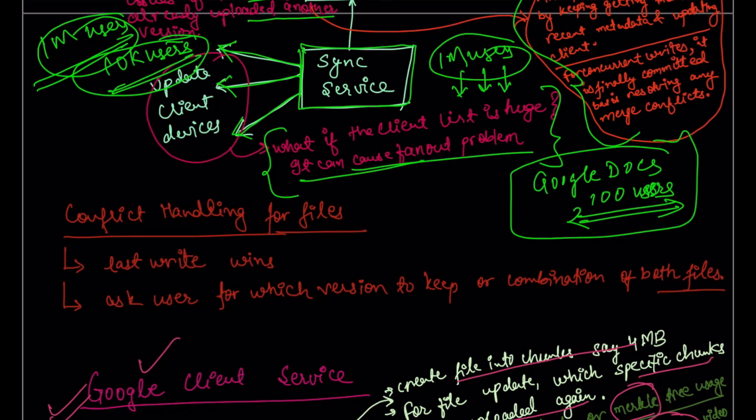So our system requirement should define that if the user base is huge, there can be some lag in the way the file is updated to all the clients, right?